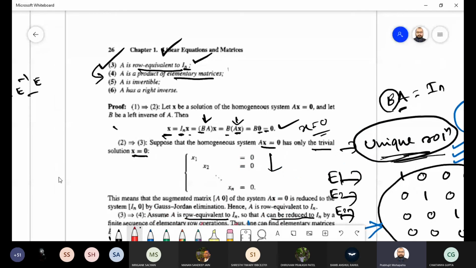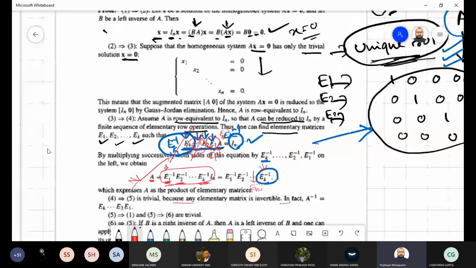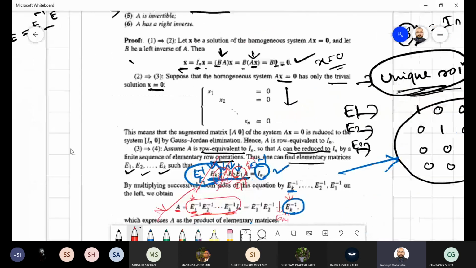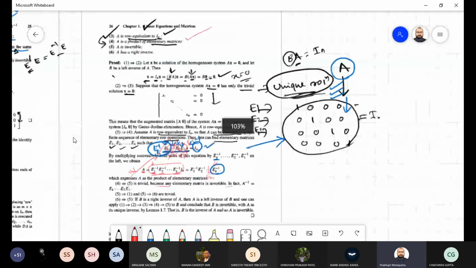Yes, that is true, A is invertible. Why? Because all these matrices are invertible, since their inverses exist, and a product of invertible matrices is also invertible. That is trivial. Similarly, from 5 to 6 also you can jump. These are the basic things.